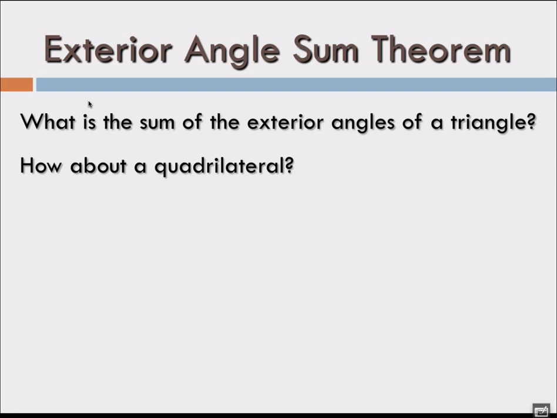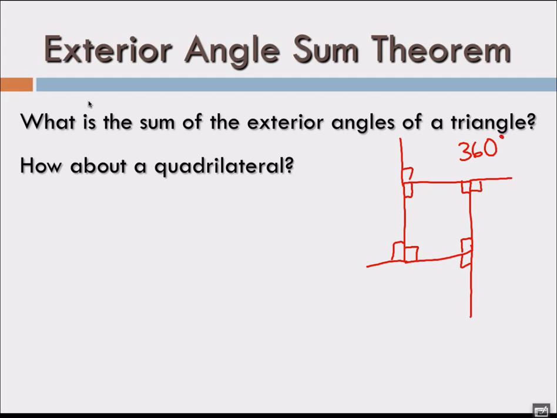The sum of the interior angles, which is? Give me a number. 360. Okay, if you were clever, you chose a nice quadrilateral with 90 degree angles. Exterior angles would look like this, one per vertex. That's 90, 90, 90, 90, and therefore 4 times 90 is 360. What about a triangle?